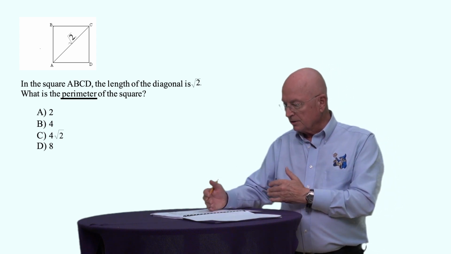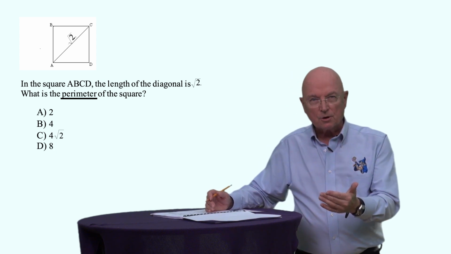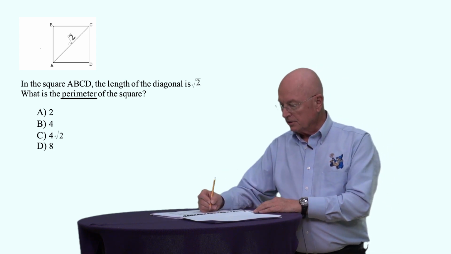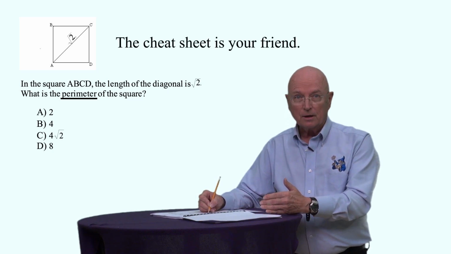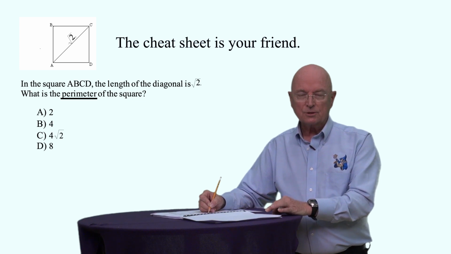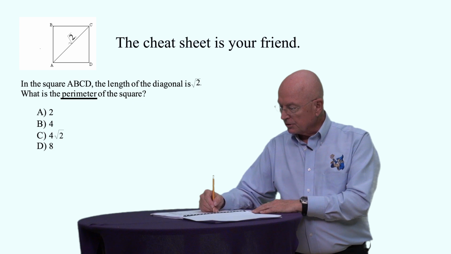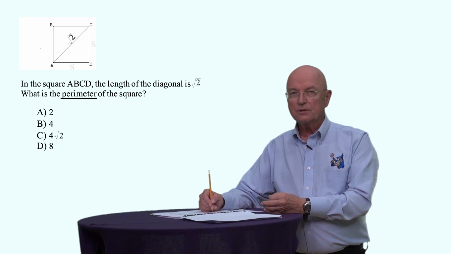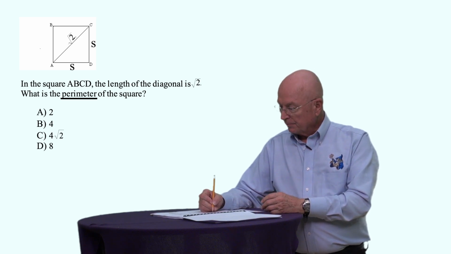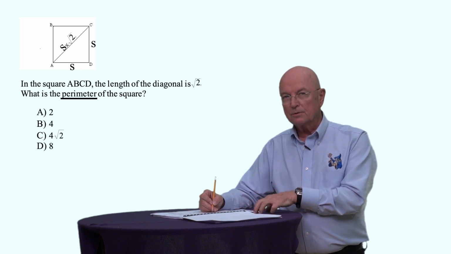So there's a couple of ways to attack it. To keep your geometry teacher happy, you would see square root of 2 as the diagonal of a square. If you refer back to the cheat sheet at the beginning of an SAT math section, on the ACT you have to have memorized this, you'll see that there is an isosceles right triangle that tells you that the sides of that right triangle are S, and the diagonal would be the side times the square root of 2.